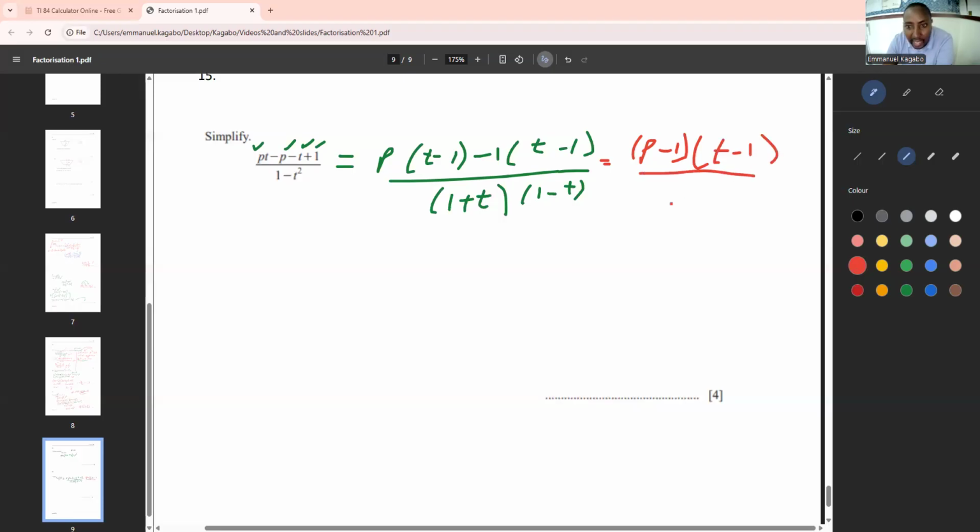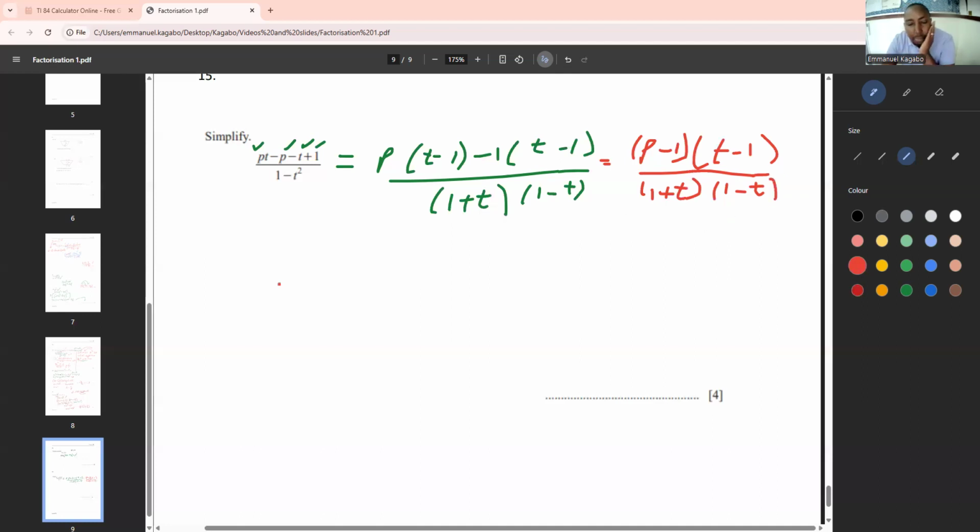Never simplify until you finish factorizing. Okay, good. The question is very good. I like the question. Okay, this is t, altogether, guys.